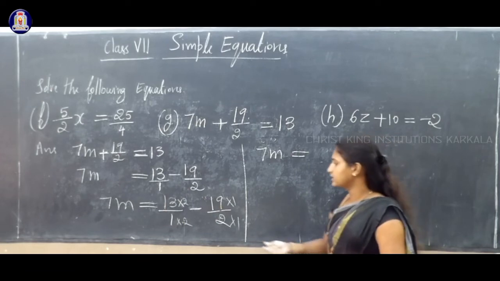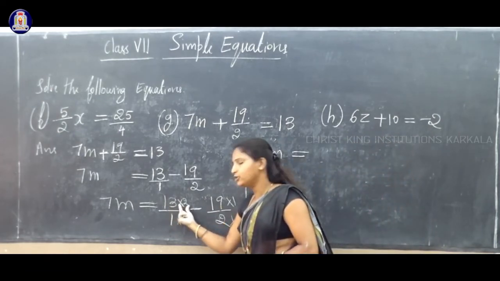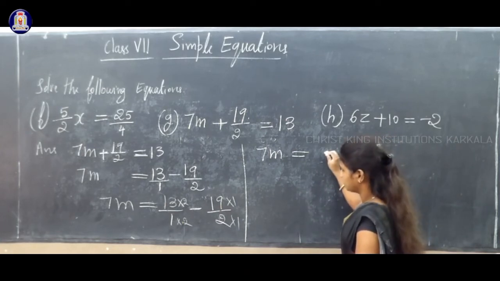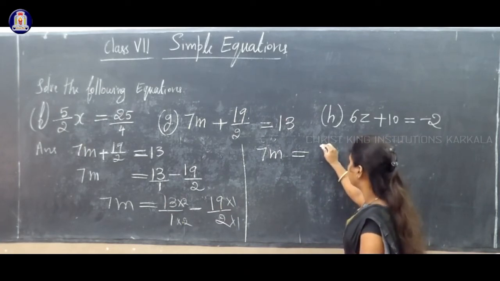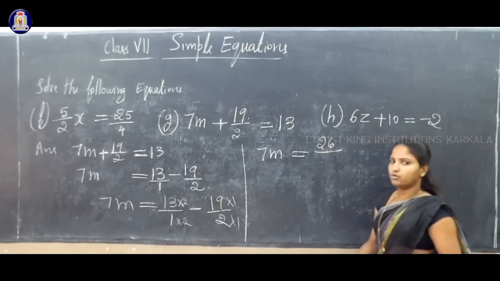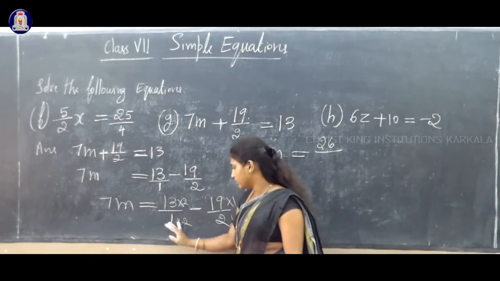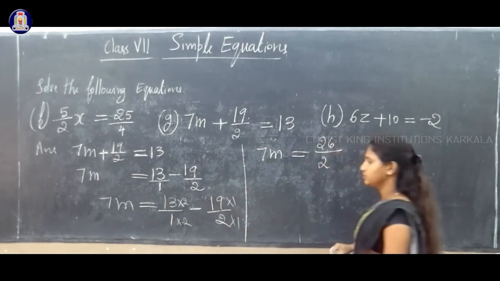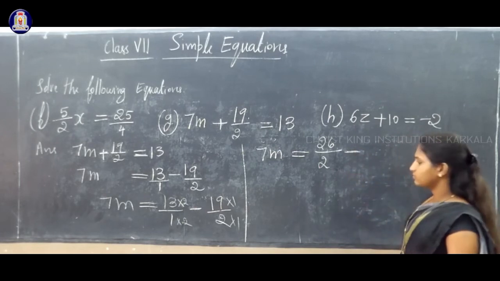Okay? Now see the numerator, 13 into 2. What is 13 2s are? 13 2s are 26. Correct? 2 3s are 6, 2 1s are 2. So that means 26 divided by, now you have to multiply the denominator also. So you will get 1 into 2, 1 2s are 2, minus.